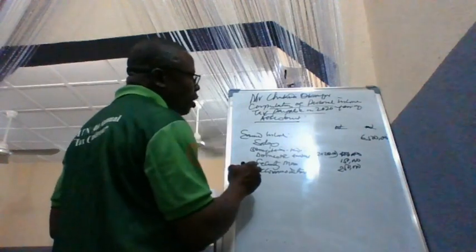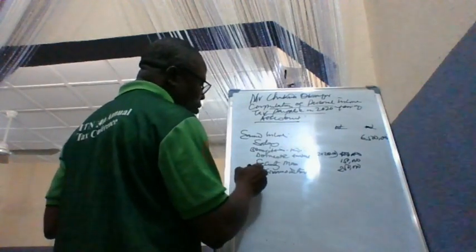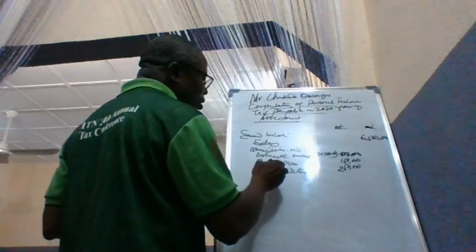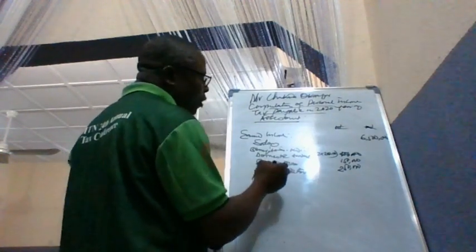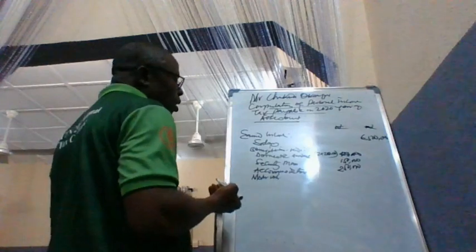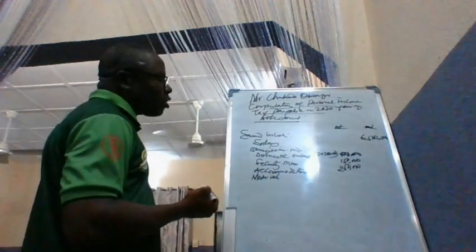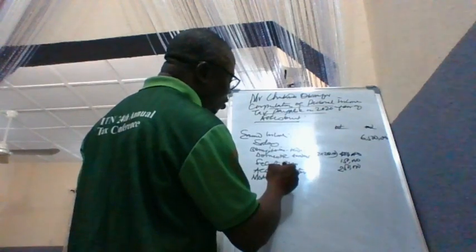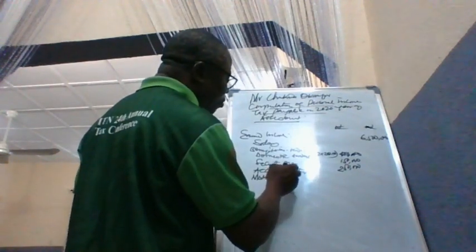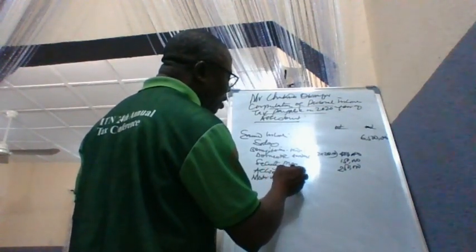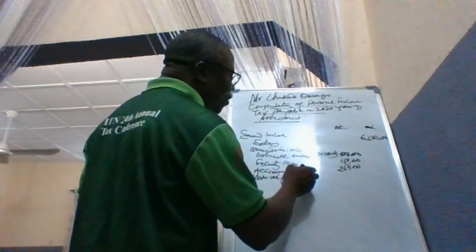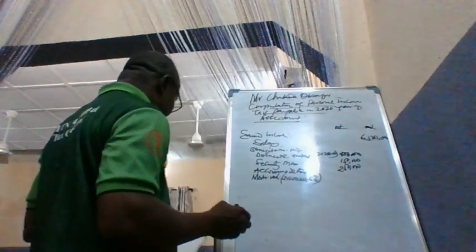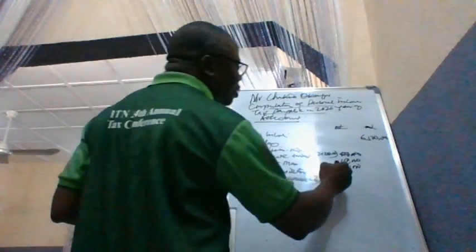Then the next one is the motor vehicle. We are told that it will be subjected to 5% on the cost of that motor vehicle. The cost of the motor vehicle was 3,400,000 naira times 5%. If you multiply that, you are definitely going to have 170,000 naira.